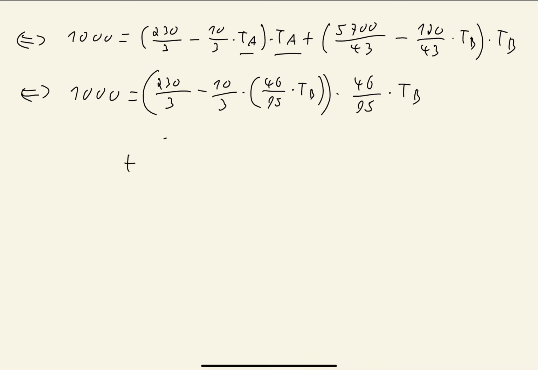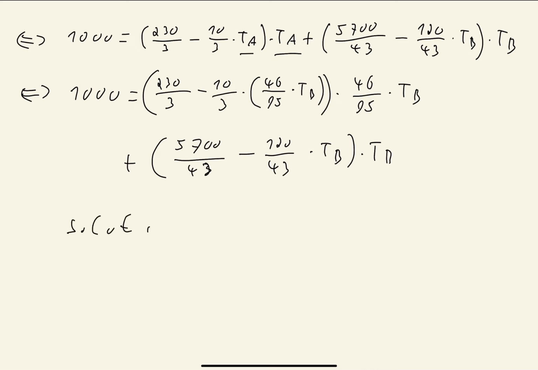And to this we add simply 5,700. So there is no change in respect to the revenue of bananas. So 43 minus 120 divided by 43 times TB times TB. And if you solve this equation, so it's a quadratic equation, what you get is the following.